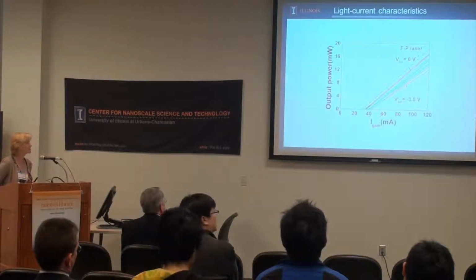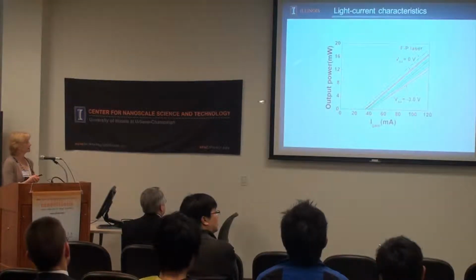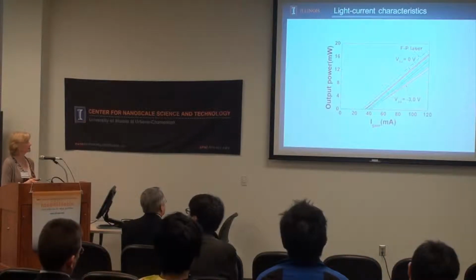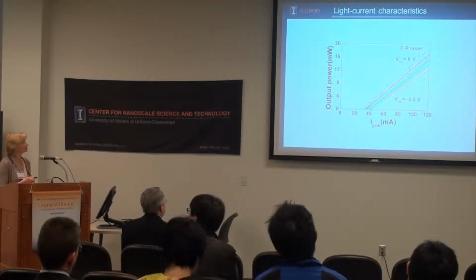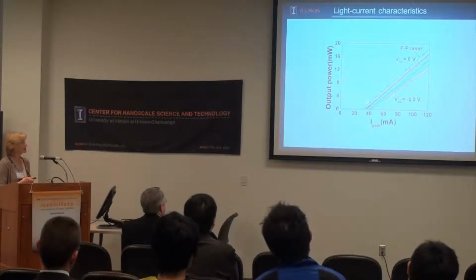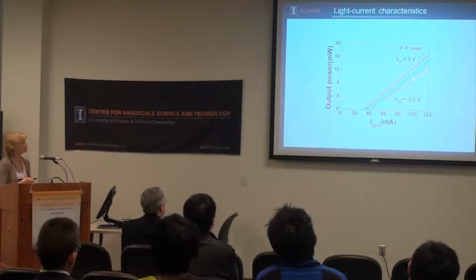top of the ridge. Light current characteristics, this is the output power against the gain current, the current injected into the gain section. If we forward bias the gain section and the saturable absorber, we just get a Fabry-Perot laser. These different curves are increasing amounts of voltage on the saturable absorber.